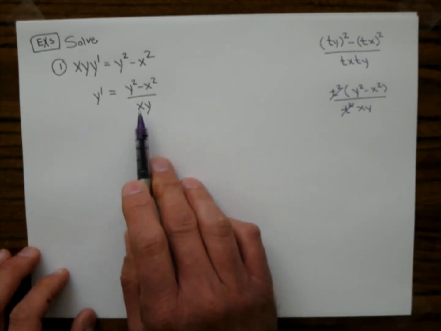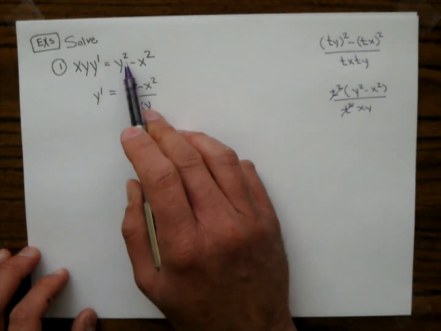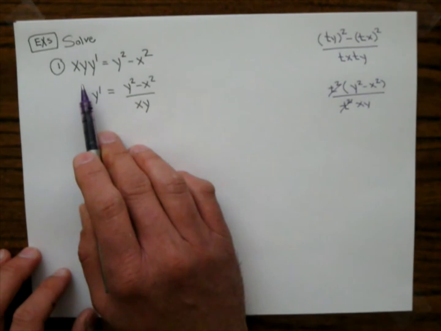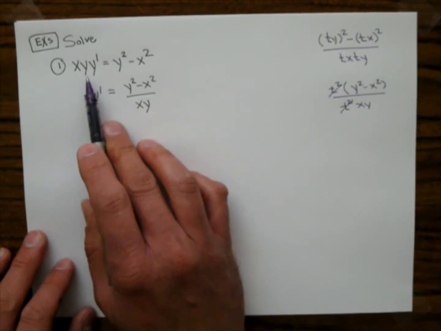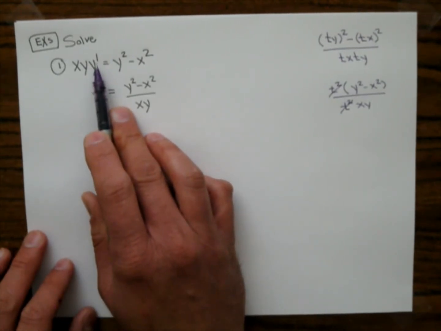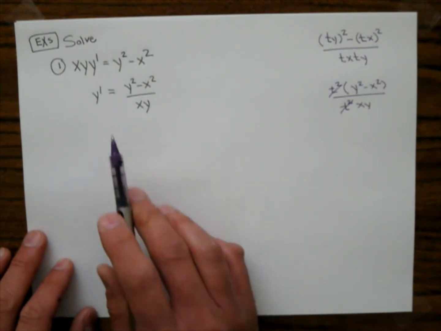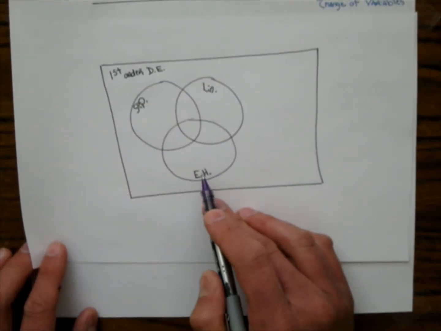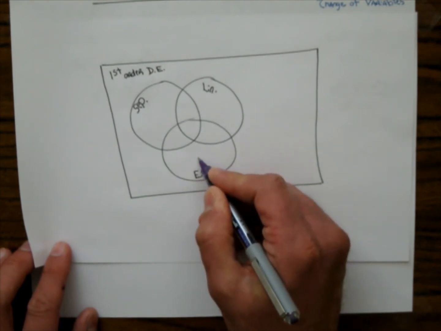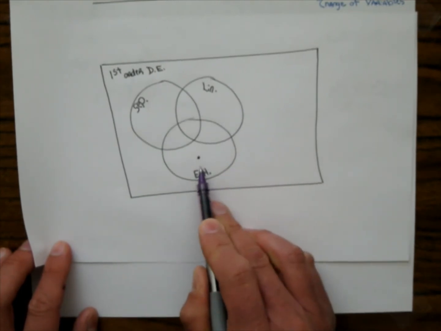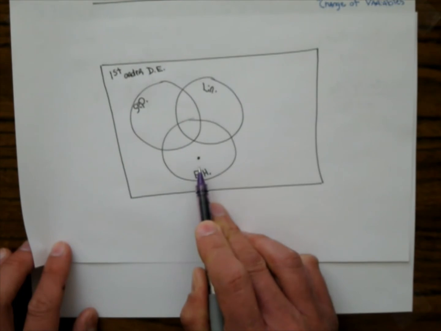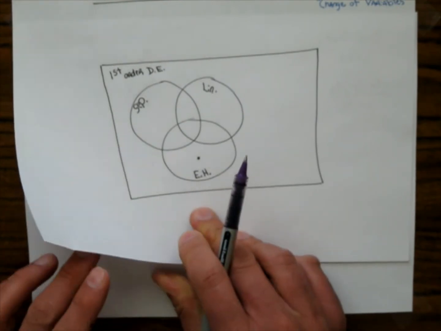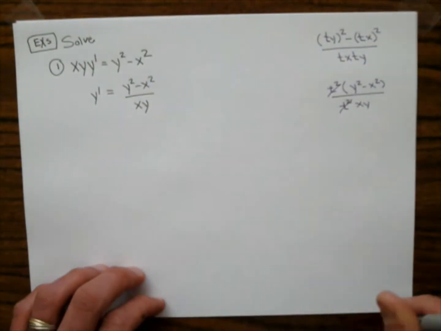And this here is also not linear because we have this y squared here. And we also have y times y prime. So this is a mess, and if you're looking at our Venn diagram, this problem that we have lives right there. So this is a differential equation that we do not know how to solve. We have not solved, and we will learn how to solve that here.